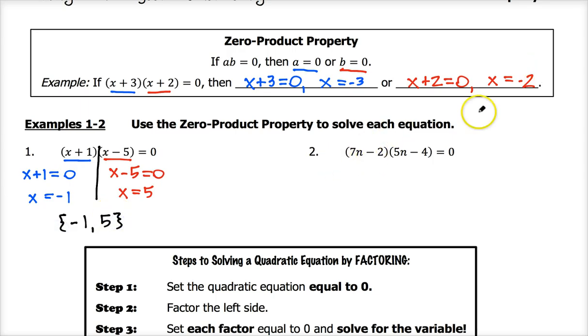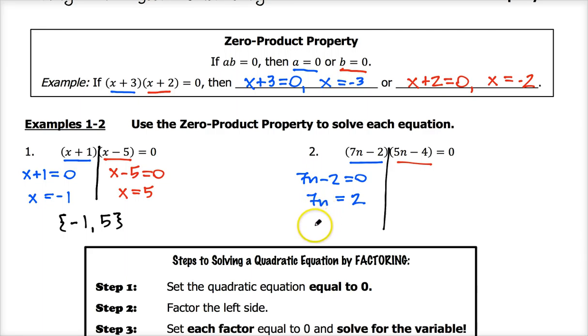Okay, for number 2 here, I have 7n minus 2 times the quantity 5n minus 4. And I know my answer is 0, so same thing. Either this quantity or this quantity has to be 0. So we'll set up two separate equations and solve each. If 7n minus 2 is equal to 0, then that means 7n has to be equal to positive 2 by adding 2 to both sides.